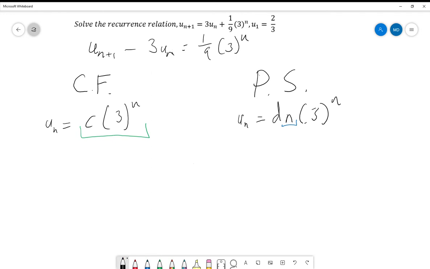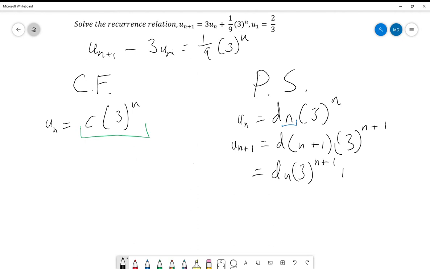And now from here, we're going to solve in exactly the same way. If un is that, we still need to ask ourselves what's u(n+1)? Well, u(n+1) will be d times (n plus 1) times 3 to the power of n plus 1. Expanding that out, we're going to end up with dn times 3 to the power of n plus 1, plus d times 3 to the power of n plus 1.